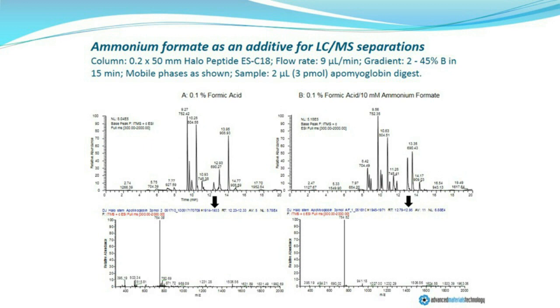And as you can see, the separations are overall rather similar, and the mass spectral intensities are rather similar, and the mass spectra themselves, shown on the bottom, have a similar site occupancy, ionization occupancy.